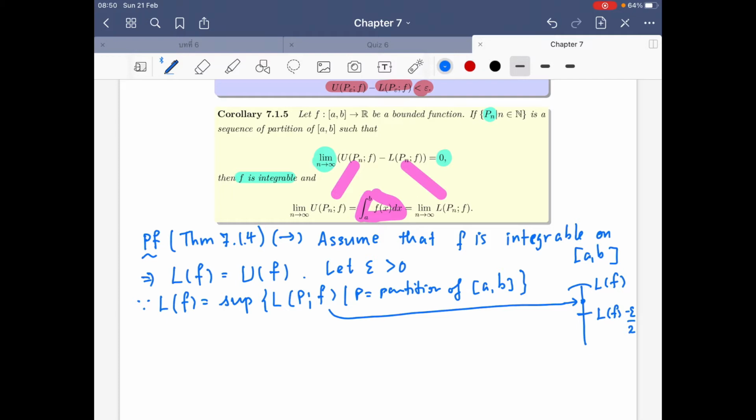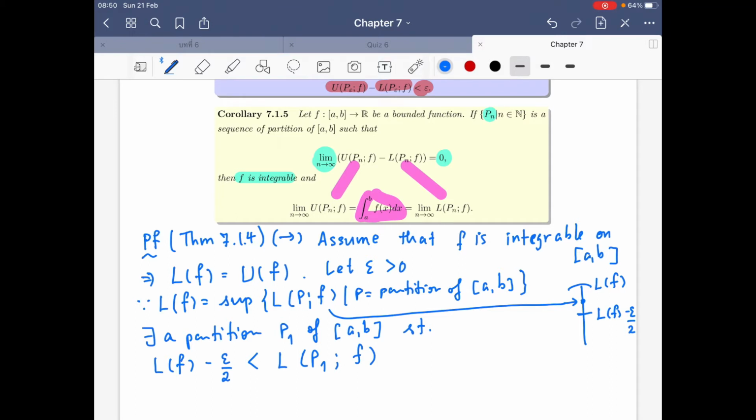So it means that now we can find a partition, let's call it P1, of this closed interval [a, b], such that the lower integral minus epsilon over 2 will be less than the lower sum of this partition and the function f.